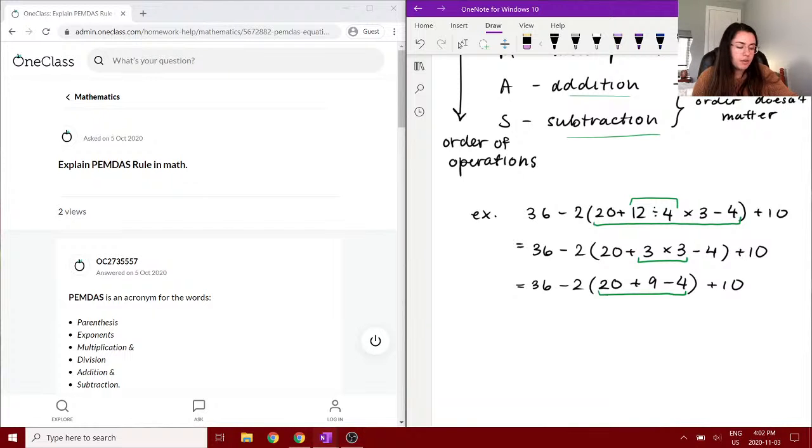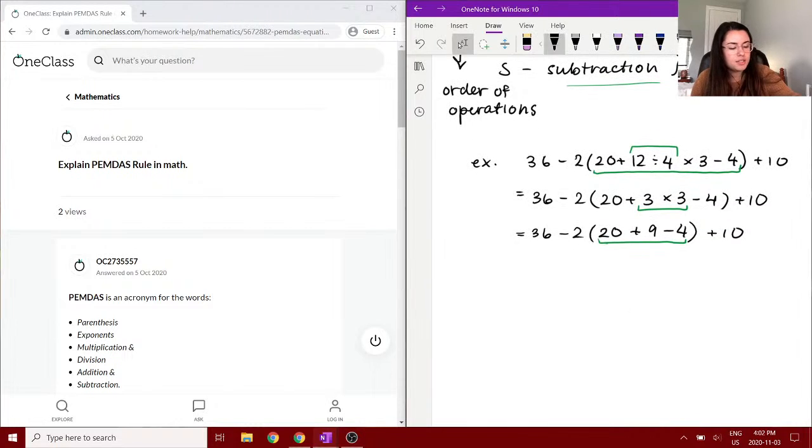I can do 20 minus 4 plus 9. Either way, it will come out the same. So 36 minus 2, we have 20 plus 9, that's 29, minus 4 is 25, plus 10.